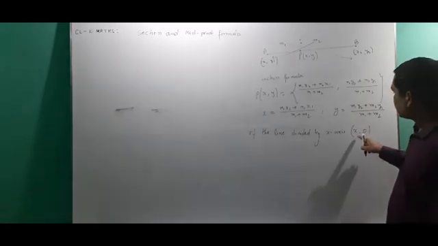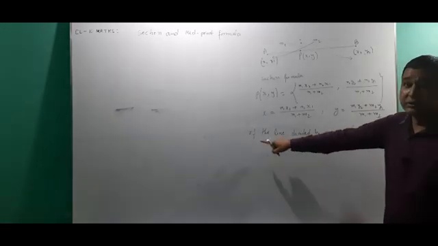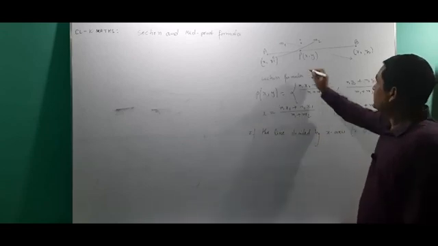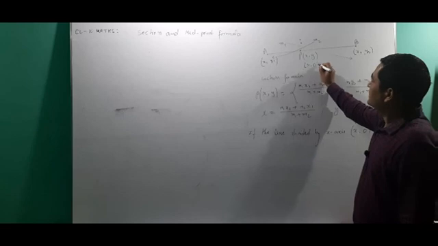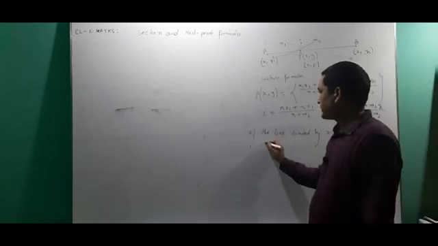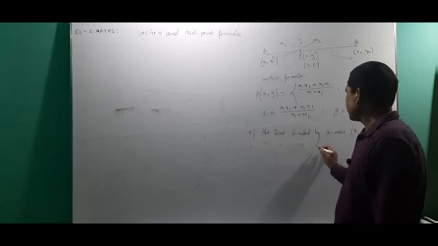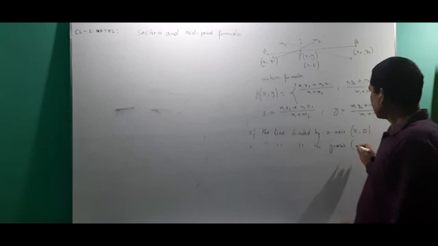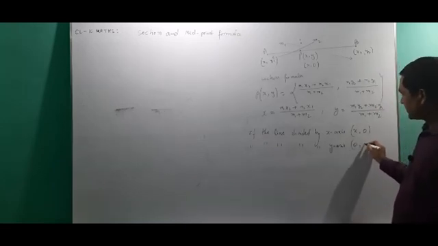Okay, and for that case, if the question is saying the line is divided by the x-axis, remember for that case we have to write here x comma 0. Okay, that means y is 0. And in the same way, if the line is divided by the y-axis, then x is 0, y is there.